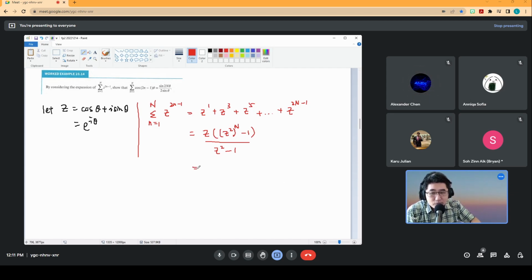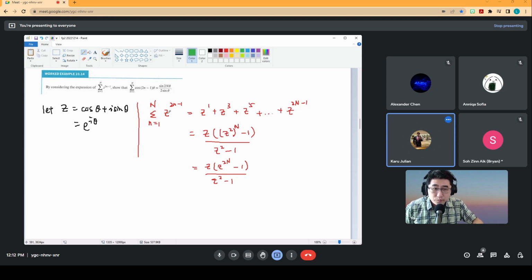So I have z of z squared to the power n minus 1. Sorry, Karu? Shouldn't the denominator be 1 minus r squared? Are we using the summation formula for finite terms? Yes, this is a finite one.